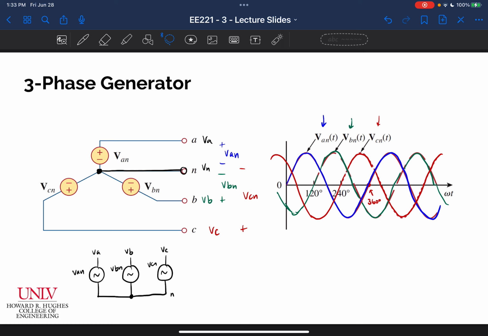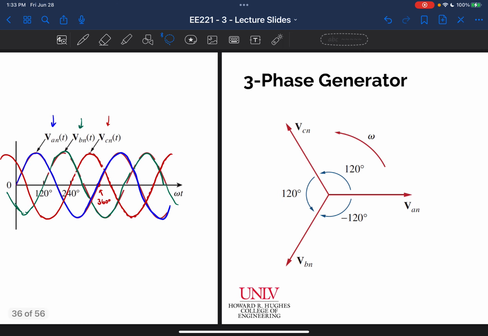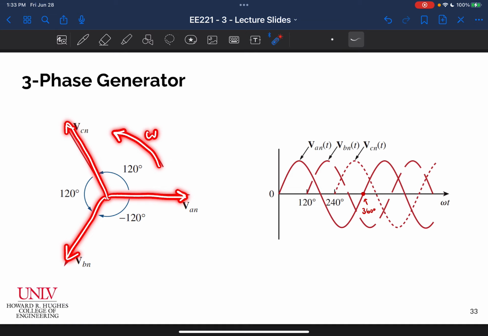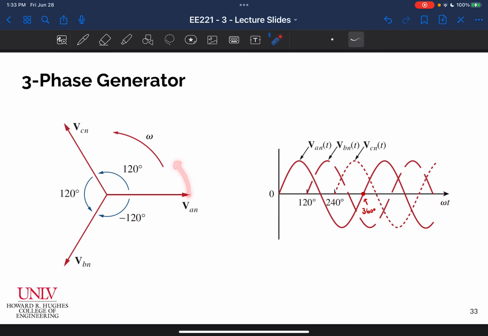And so the next slide, I just show what I already showed, which is that we could represent these three sinusoids by three different phasors that are basically rotating at some frequency, omega being the angular frequency, so this would be in radians per second. If we trace the Y value of VAN as we sweep this in a circle, then we would create this sinusoid.